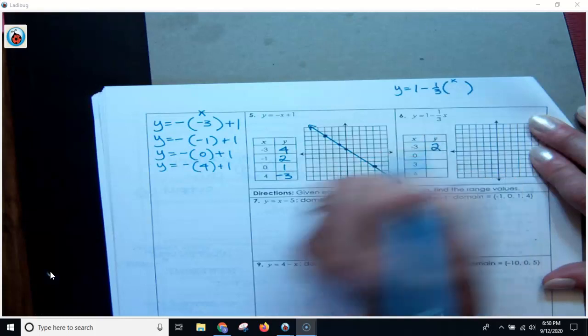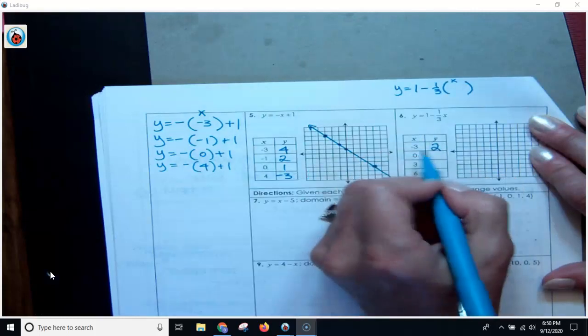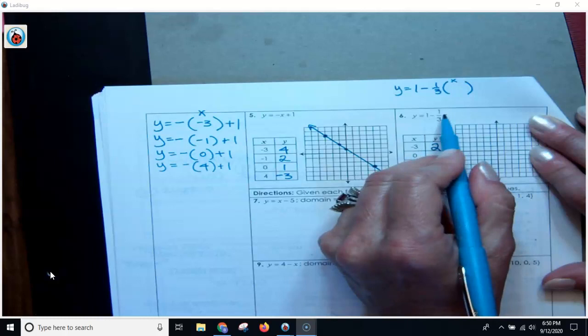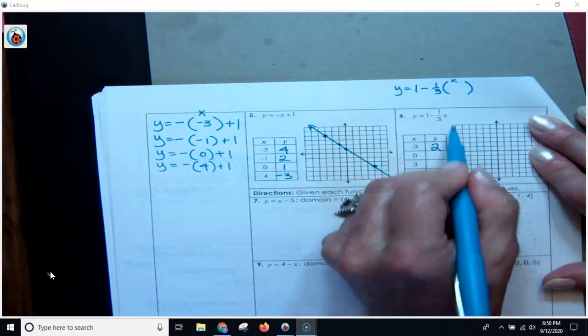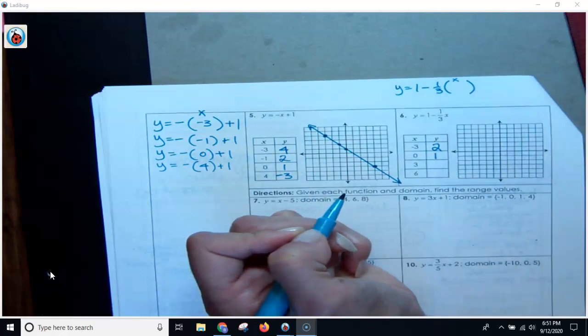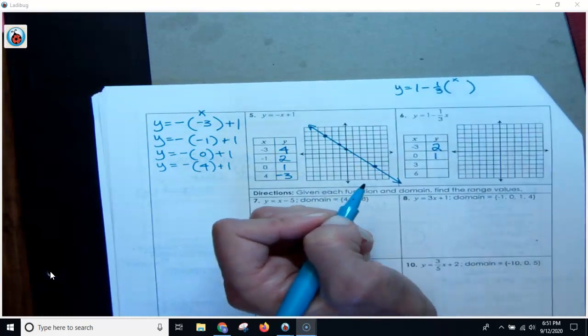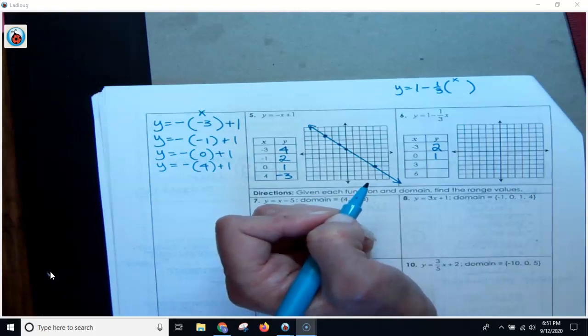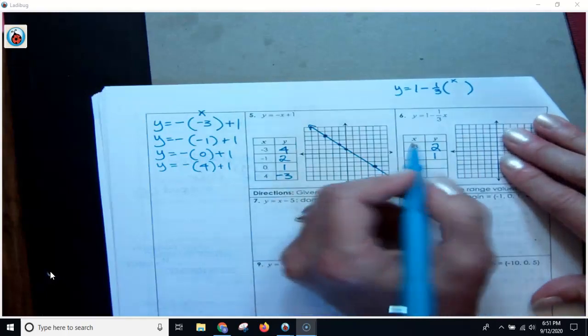So that's going to give me 1 plus 1, which is 2. 1 minus 1/3 times 0, well, that's going to be 0, so y would equal 1. And again, if I'm going too fast, stop the video, make sure you can do this math, and then start it back up again.